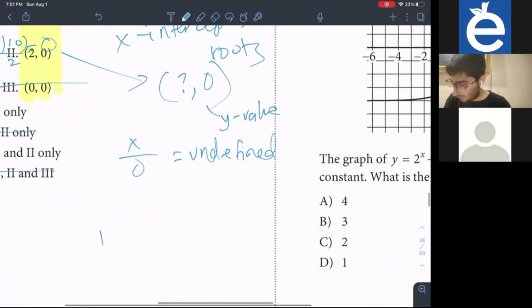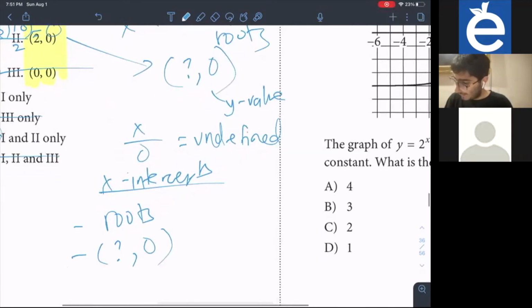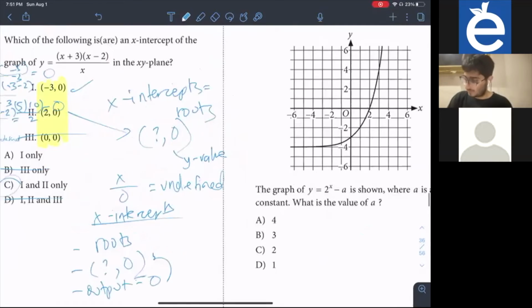Like I said before, they're roots. X-intercepts are roots, and the form is any number and 0, and the output is 0, which is the y value being 0, which is connected back to this.